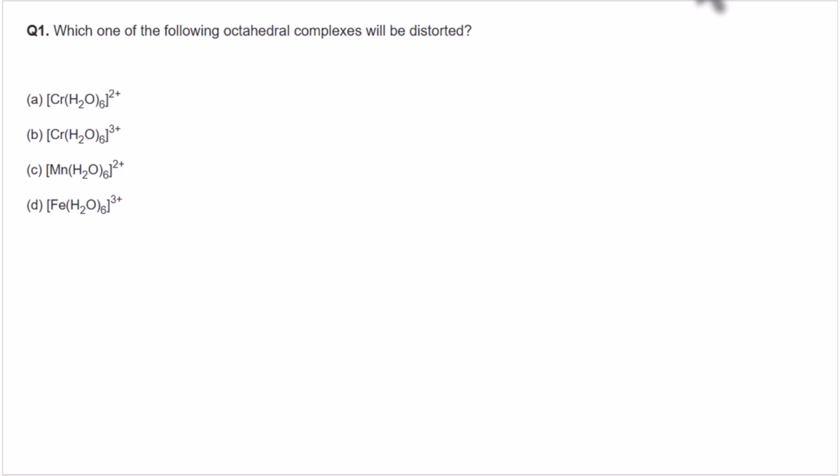It says: which one of the following octahedral complexes will be distorted? From the word distorted, you understand that it is talking about the Jahn Teller distortion. Here are the four options. We have a chromium complex with aqua ligands.